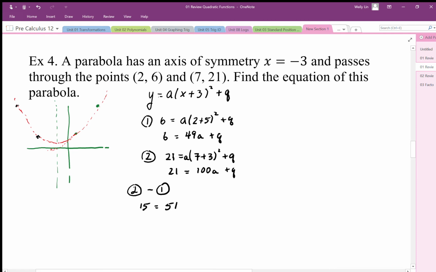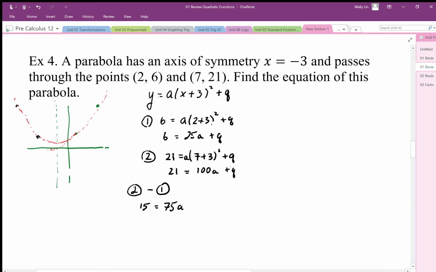Okay, I think that's right. Sorry, this is not plus 5, it's plus 3. So that's going to give me 25a, which then affects this, doesn't it? So we're going to end up with 100 minus 25. I'm going to end up with 75a.